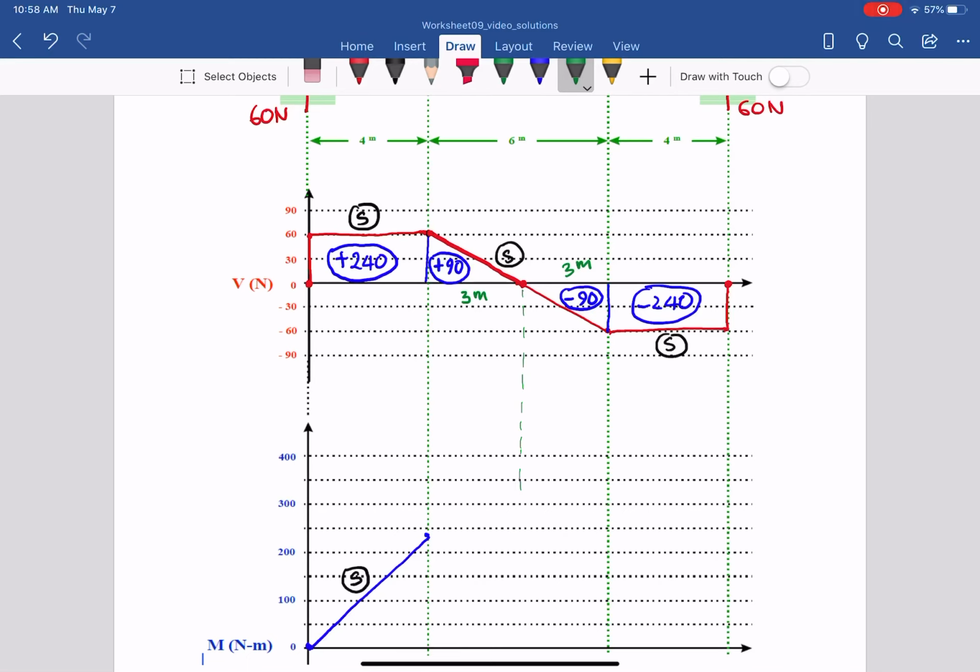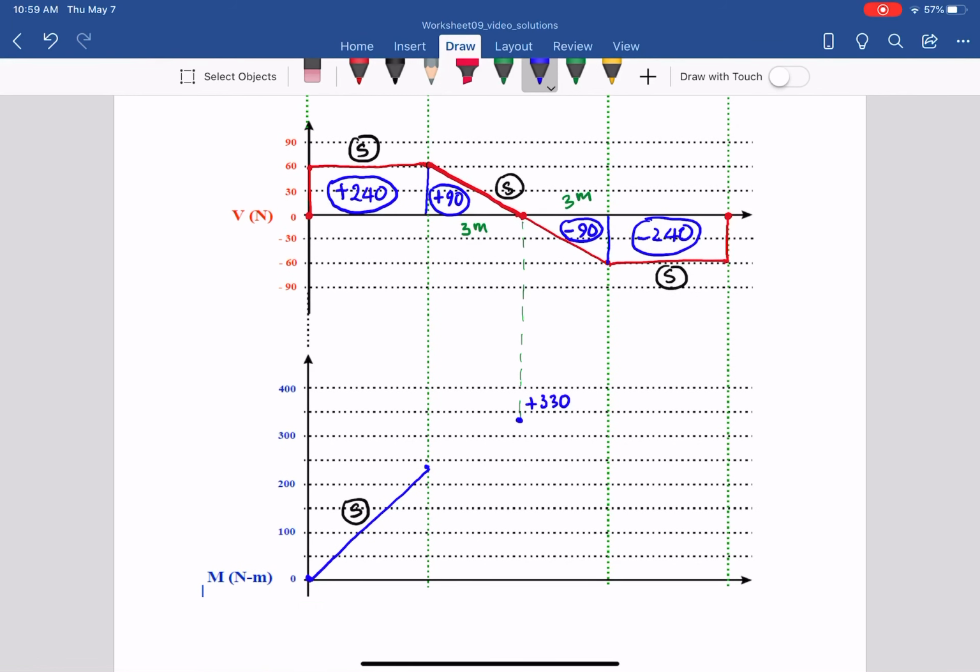So here plus 330 Newton meter. And as you can see, the shear goes from plus 60 to 0 in the middle. By now you know the curve of the parabola, it will curve up here so that it has slope 0 in the middle.